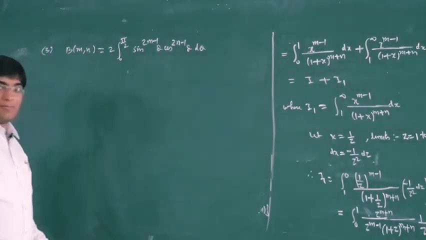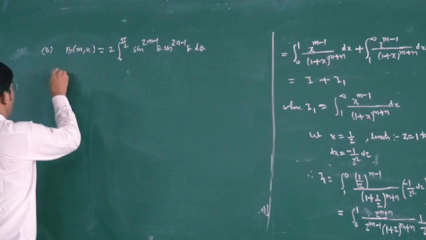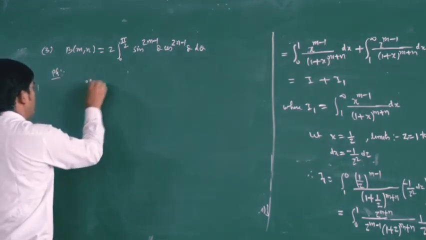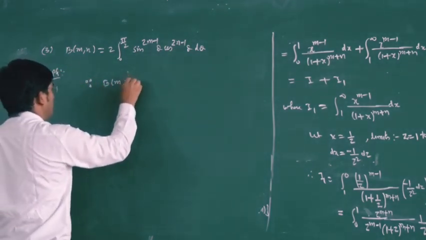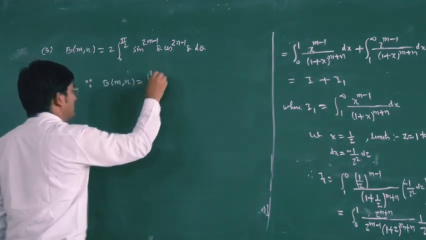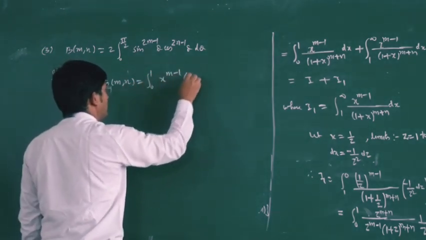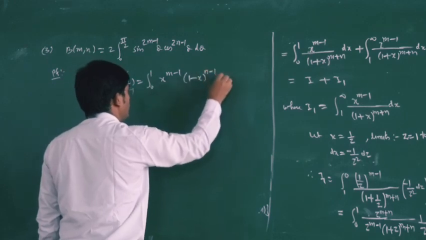So this is your beta mn. Proof. Because we know that beta mn equals integral 0 to 1 x power m minus 1, 1 minus x power n minus 1 into dx.